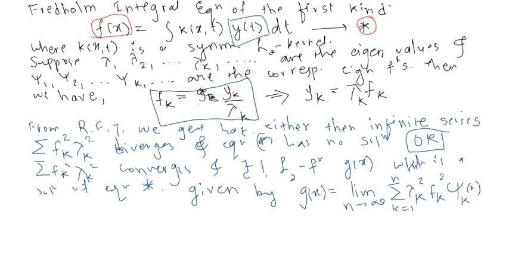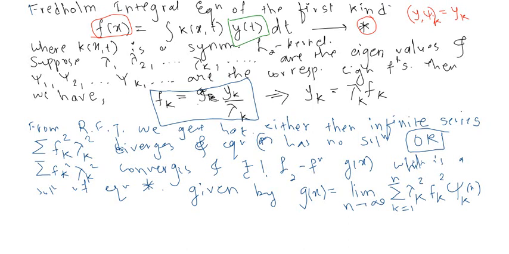Then we get that y_k is equal to lambda_k f_k. Now what are these y_k? y_k is nothing but the Fourier coefficient of the function y of x, that is, y_k is the inner product of y with xi_k.